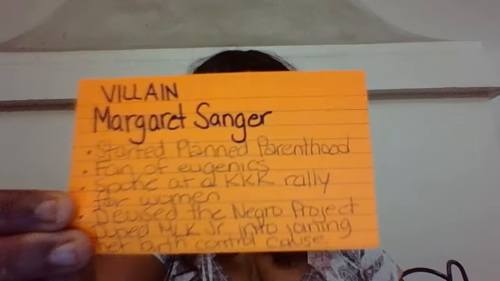Anyway, so let's start with the most infamous of all abortion figures, and that is Margaret Sanger. Okay, so she started Planned Parenthood, as we all know. Before that, it was the Birth Control Federation.